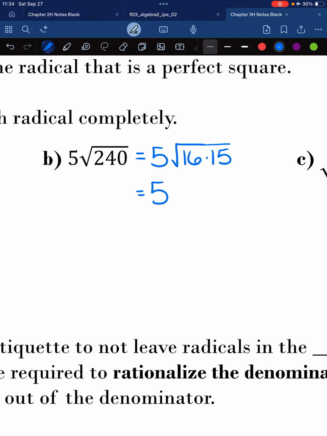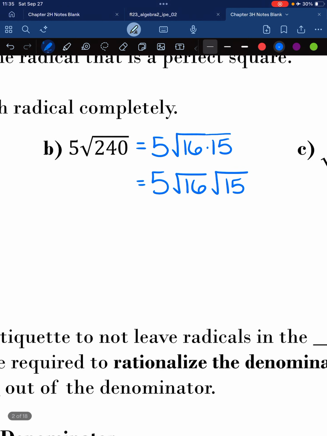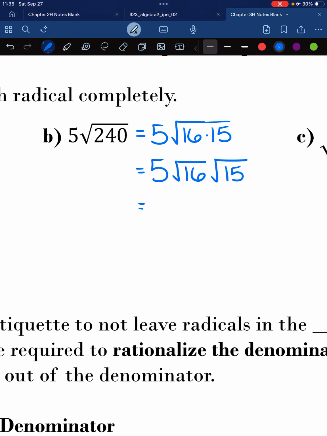Okay, so then again, I can go ahead and split apart that radical. I can go ahead and simplify. And remember, if there is no symbol in between two numbers, like between the 5 and the square root of 16, the implication is that I am multiplying those. So when I simplify the square root of 16, I'm going to multiply that times 5, and I am also multiplying that times the square root of 15.